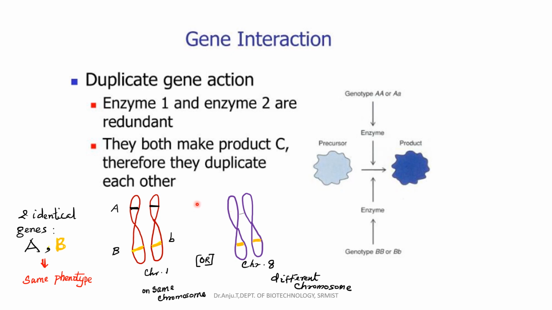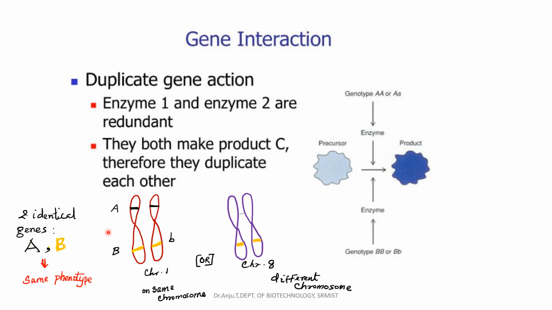Let us take two genes, A and B, two identical genes which produce a product with identical function, following the same pathway.